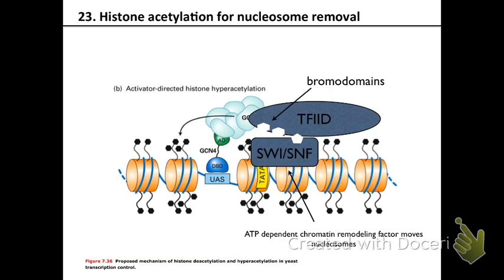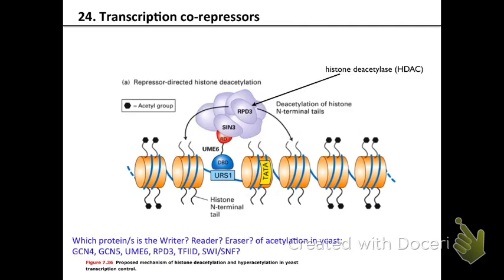Which ones are the readers here? Readers of acetylation. TF2D and switch SNF, right? What protein is the eraser? Yes, the deacetylase, RPD3 is the eraser, right? Okay.